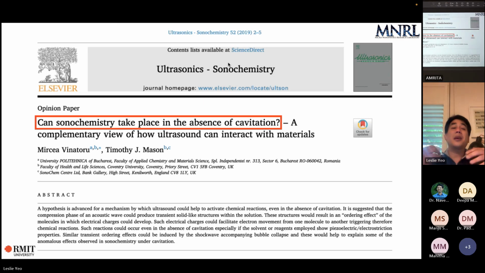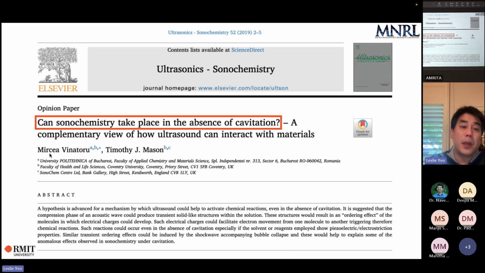So before he retired, and this was back in 2019, when we were beginning to publish our work, he actually put out an opinion piece, because nobody ever thought about any other mechanism other than cavitation to drive sonochemistry, or at least the dominant mechanism.